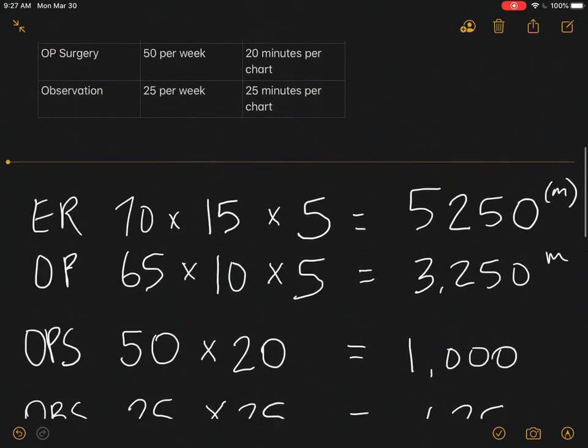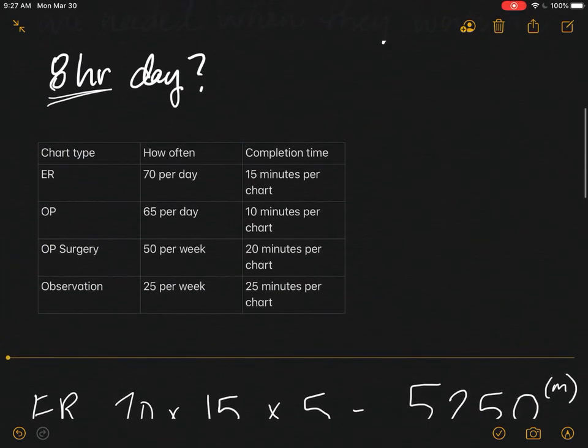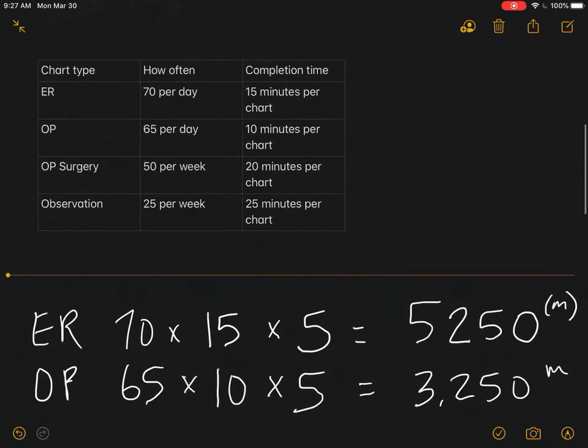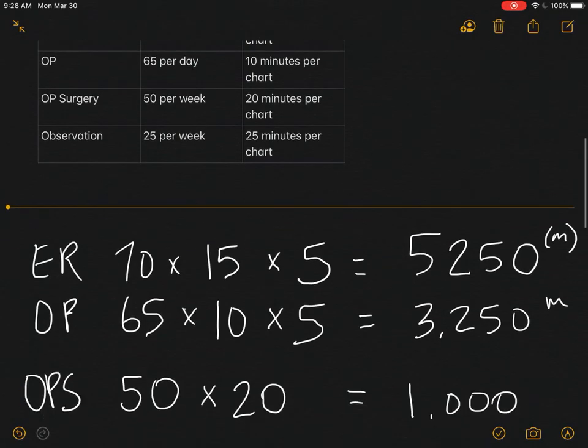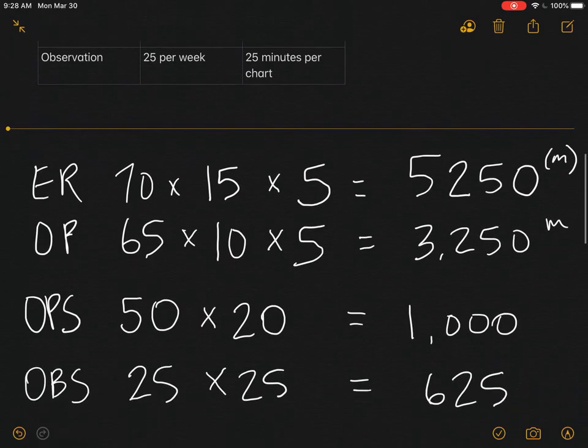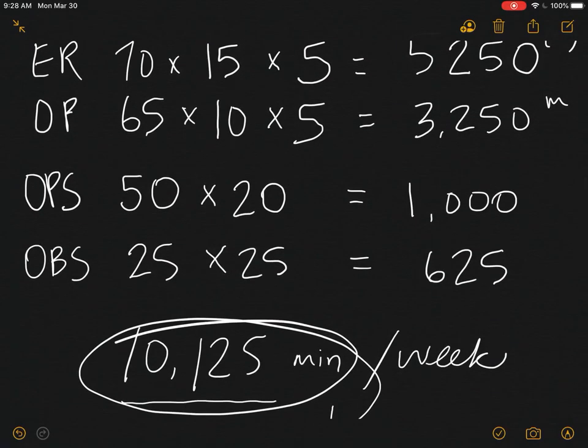Okay, so I took all my numbers above and I figured out how long it was going to take each week to code my ERs. So 70 charts times 15 minutes each times 5 days a week, because 70 per day. Same for outpatient. 65 charts times 10 minutes each times 5 days a week.